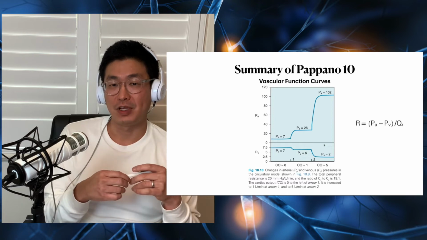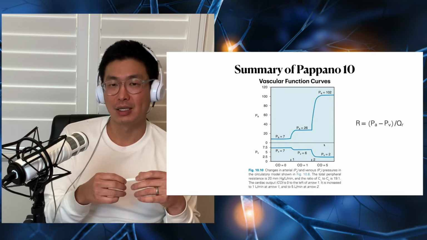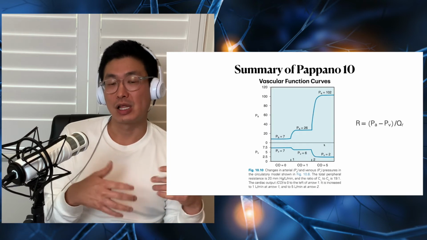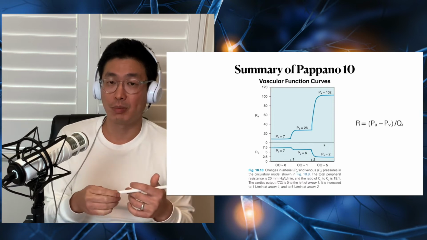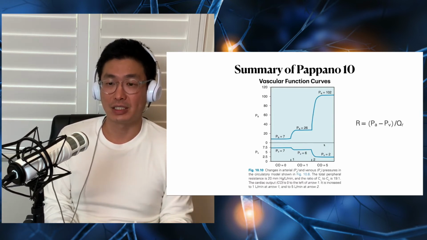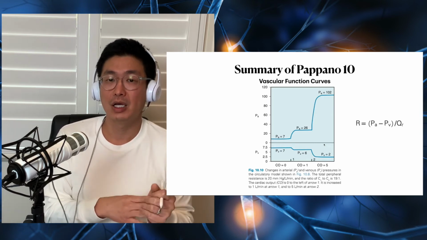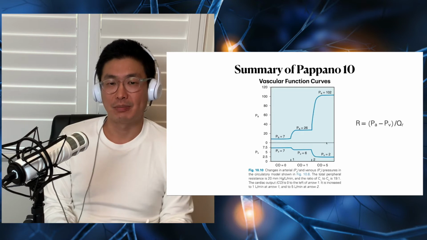So remember that the venous side is much more compliant. It's 20 times more compliant than the arterial side. So for a given change in volume, because the venous side is more compliant, there's going to be less change in pressure, and vice versa on the arterial side. Okay, it's less compliant, which means that for a given change in volume, there's going to be a larger change in pressure.